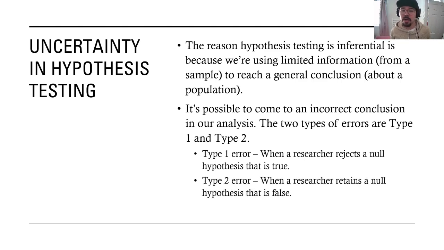A type 2 error is when a researcher retains a null hypothesis that is false. So, still applying the same example, let's say I'm the researcher, I'm collecting my data, and I studied people who studied for 5 hours, and I came to the conclusion that people who studied for 5 hours got a sample mean that was pretty close to the population mean, so there's not really a difference.